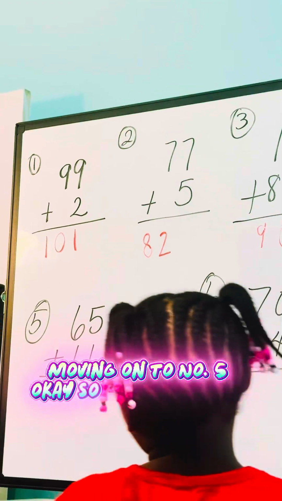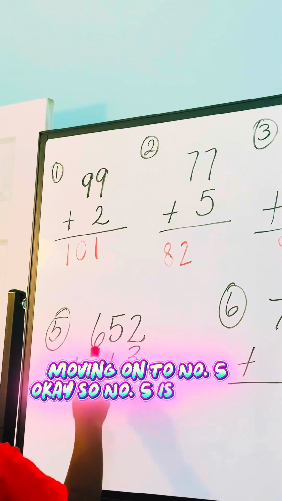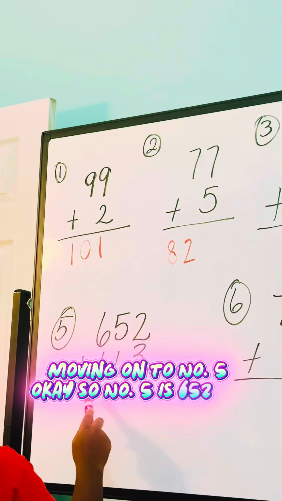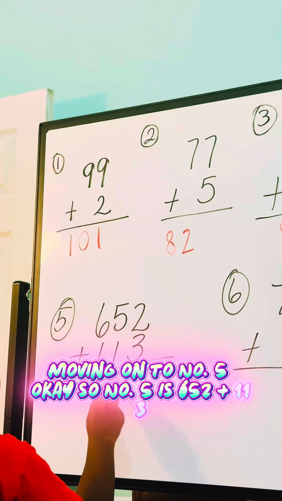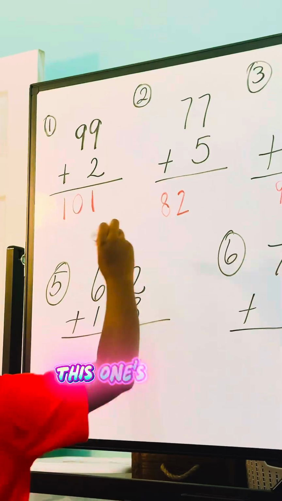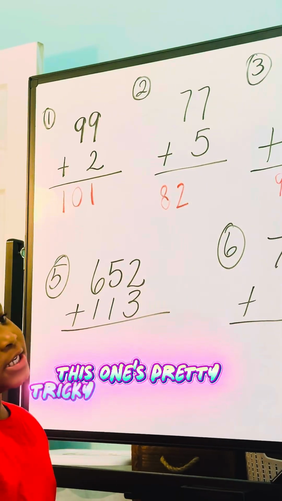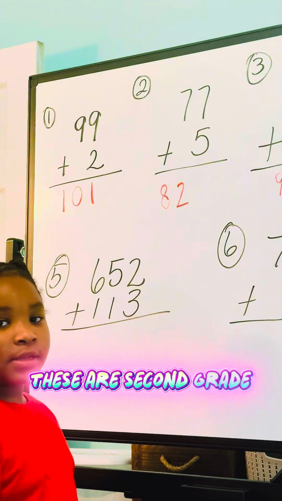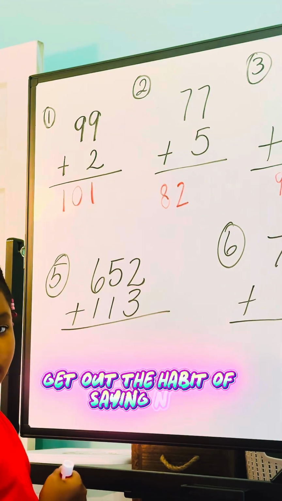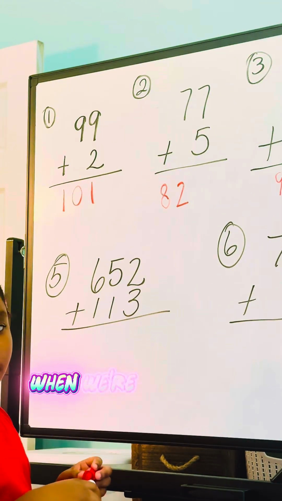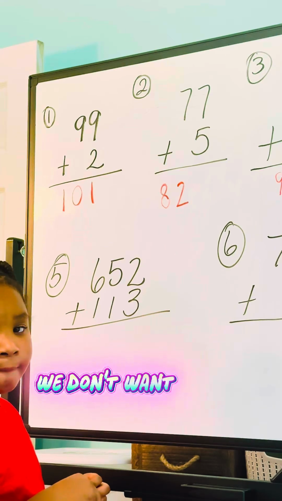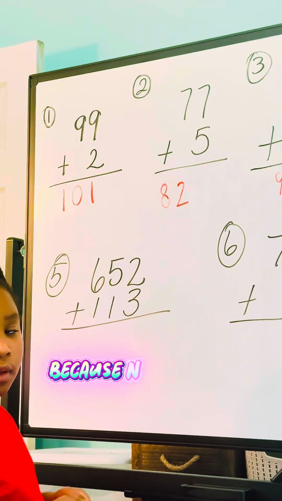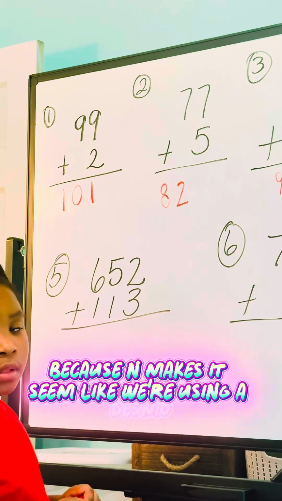Okay, so number 5 is 652 plus 113. This one's pretty tricky for some of you guys. Also, by the way, these are second grade. Also, get out of the habit of saying "and" in 113. When we're speaking of just whole numbers, we don't want to say the word "and" because "and" makes it seem like we're using a decimal.